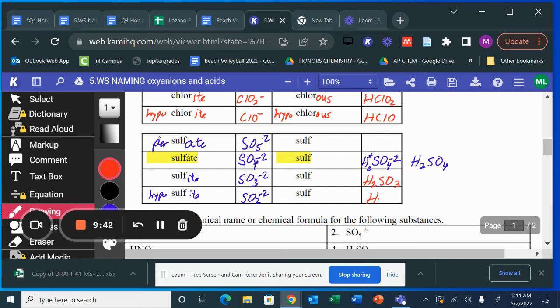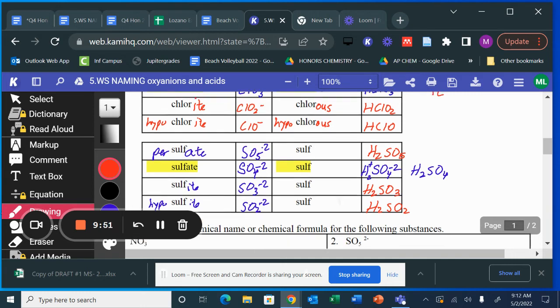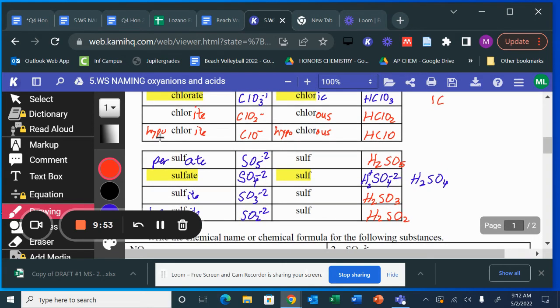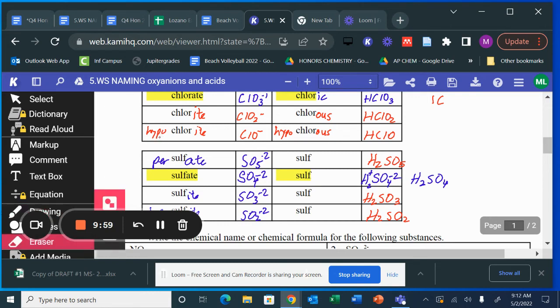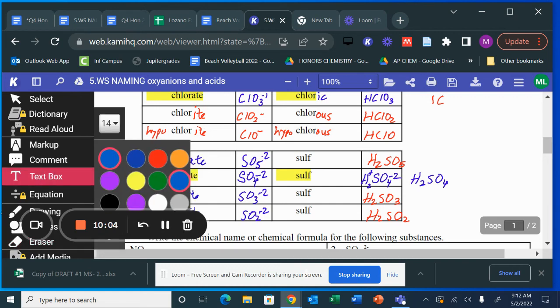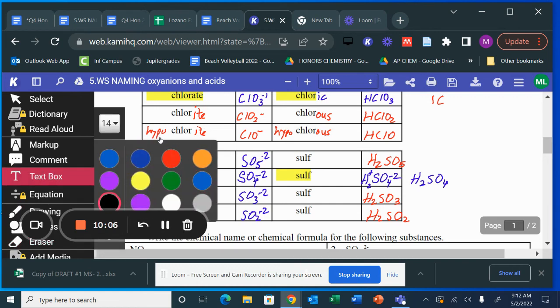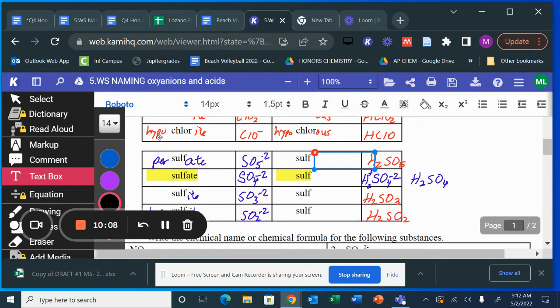This would then be H2SO3, H2SO2, H2SO5. This would be called sulfur. Sulfic sounds really weird, but they just go ahead and add the ur for all of them.